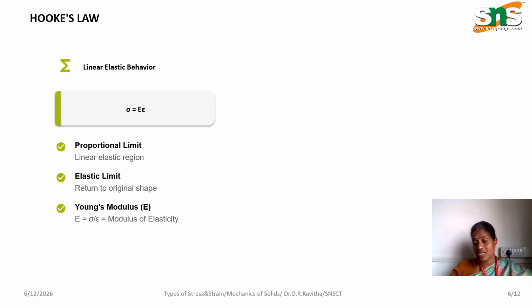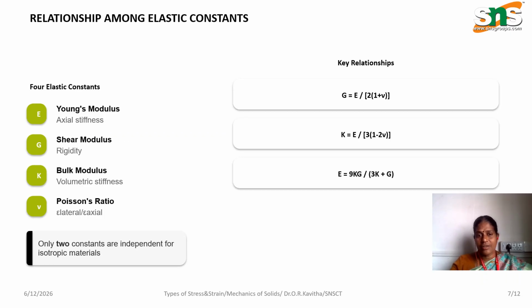The Young's modulus is nothing but the ratio between stress and strain. The different elastic constants are Young's modulus, shear modulus, bulk modulus and the Poisson ratio. These are all the four elastic constants.